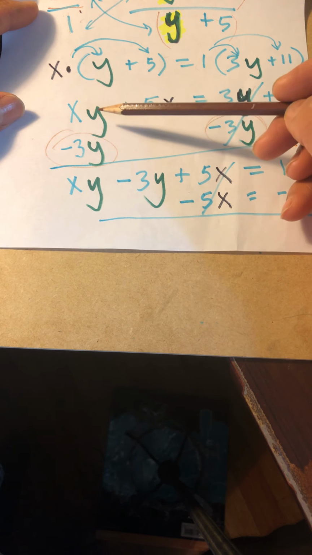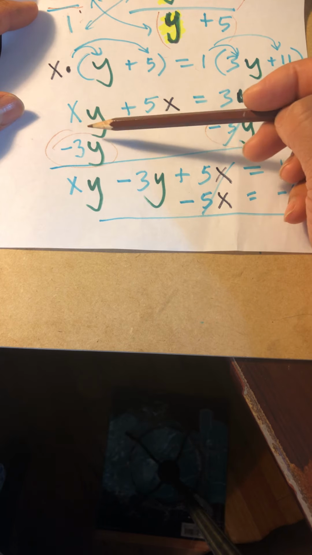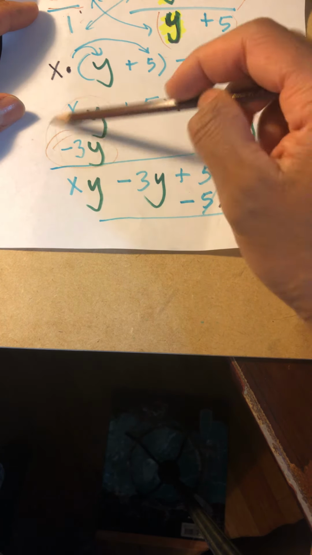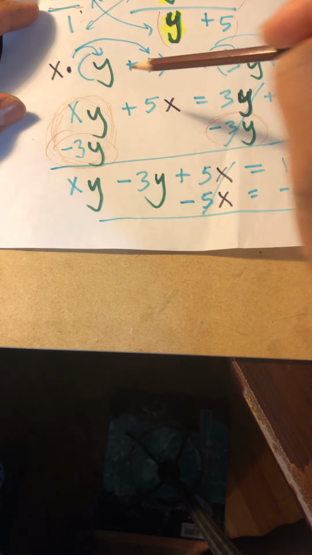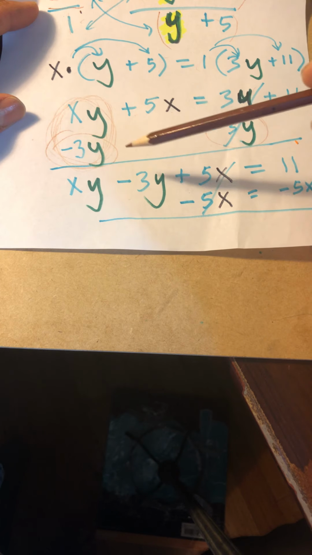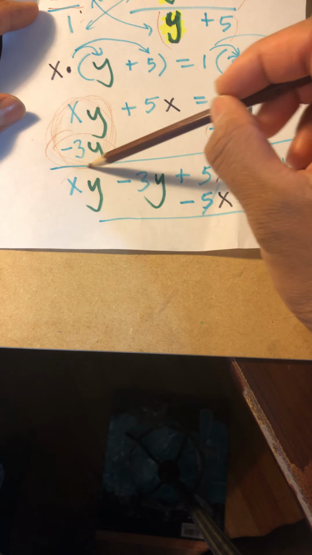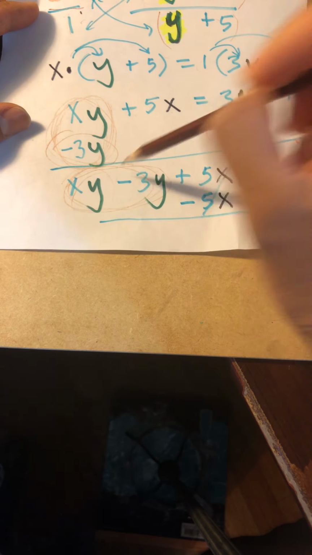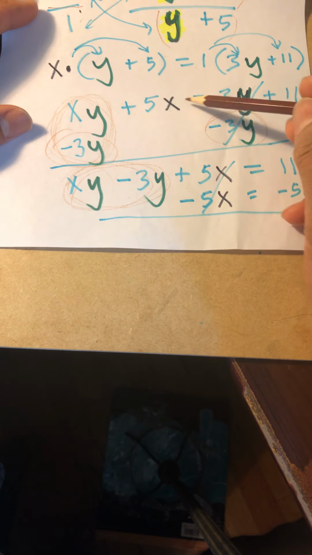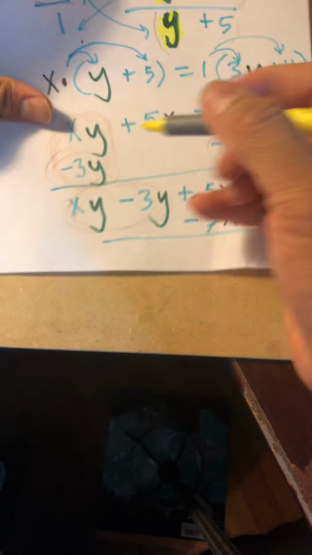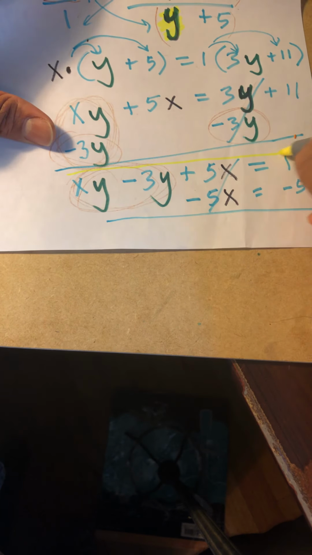But notice, I don't know what x is, so I can't combine them in one step. What I have is xy's and 3y's. I'm subtracting 3y's from xy's. So literally, I just have xy minus 3y. And I still have my positive 5x. So what I have left now is this.